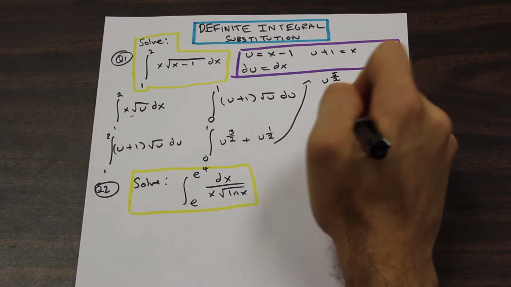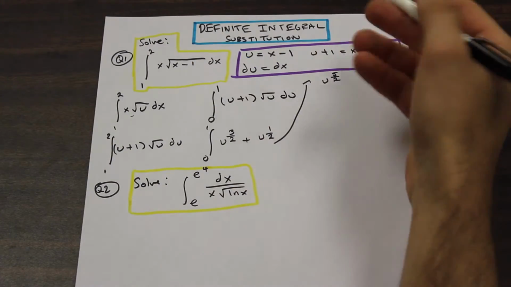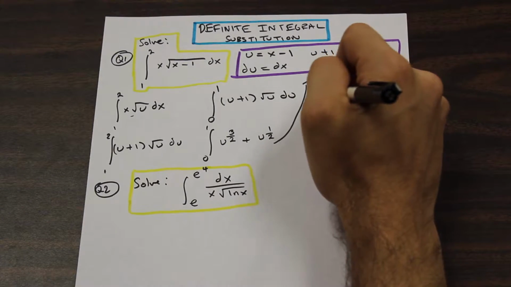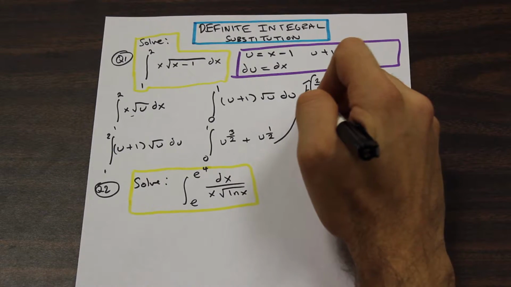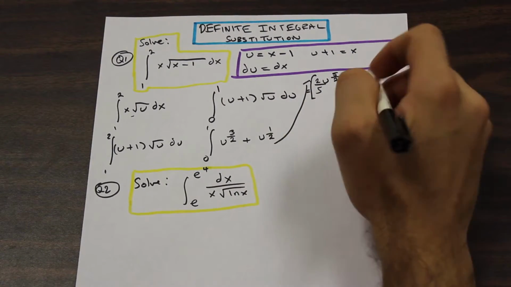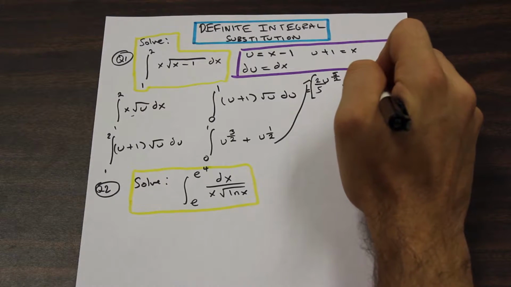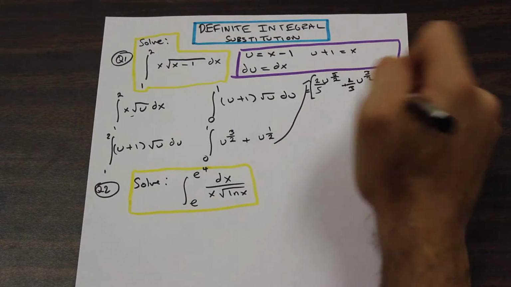Instead of dividing by 5 over 2, we can just multiply by 2 over 5. So find the reciprocal of the fraction and multiply it. That's a much faster way of doing it. We'll leave that in brackets. And the next term is going to be u to the 3 over 2, right? 1 over 2 plus 1 is 3 over 2, times the reciprocal, which is 2 over 3.